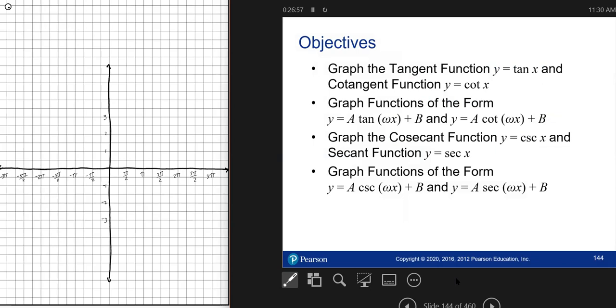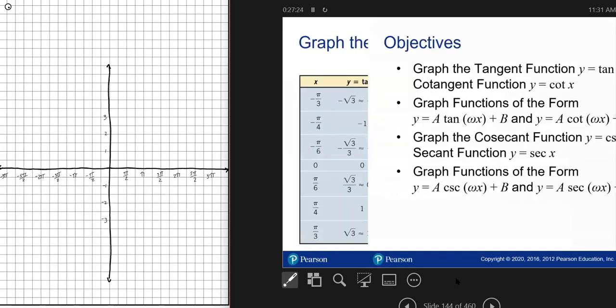Now, tangent and cotangent have a different period than sine and cosine, whereas cosecant and secant have the same period. They have a period of 2 pi, but tangent and cotangent have a period of pi. And you'll see that more clearly when we look at the graphs.